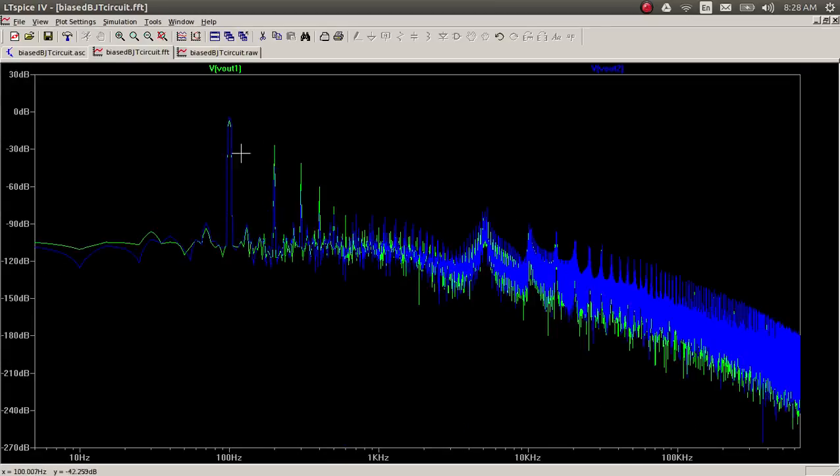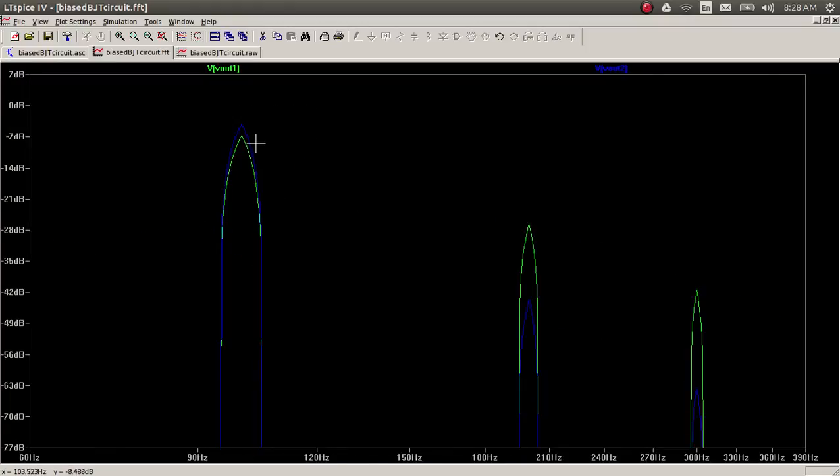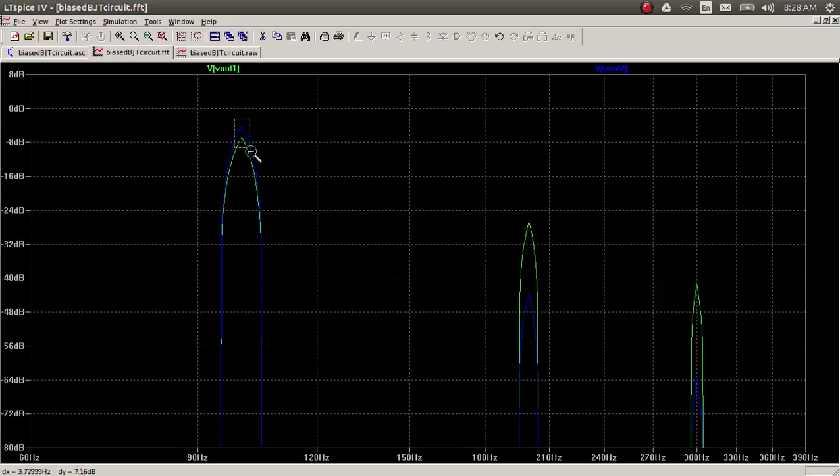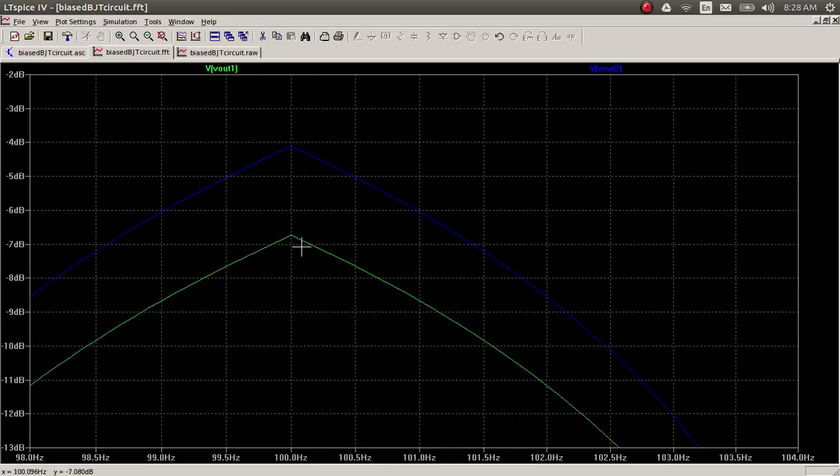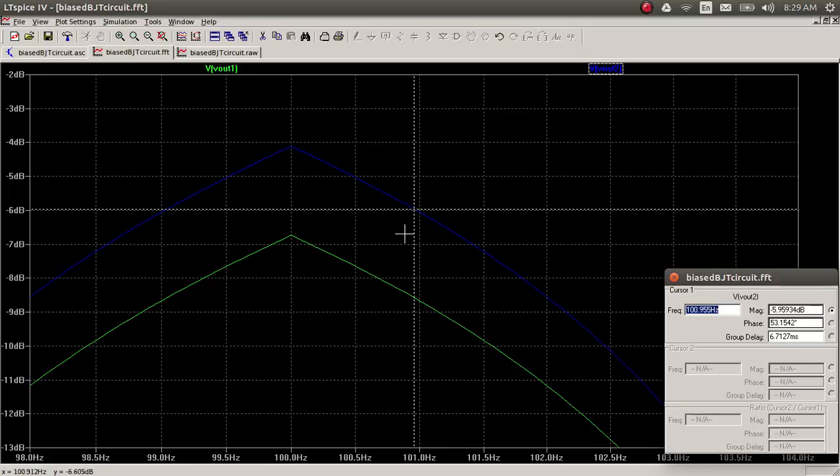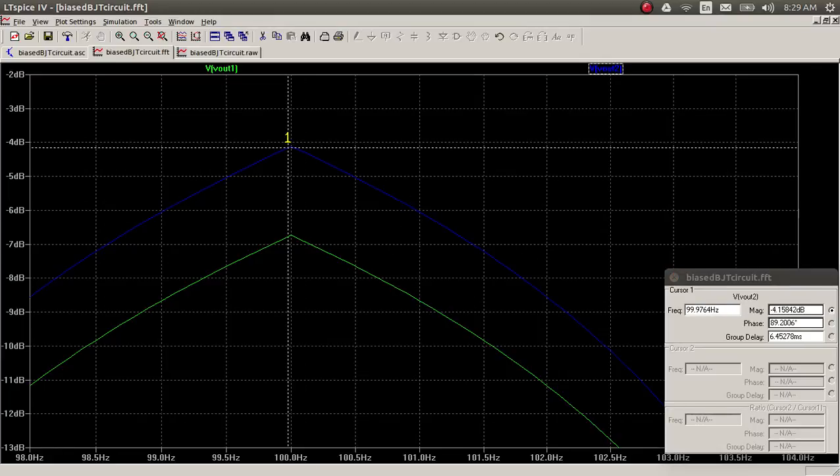So let's look at this a little more carefully. You see we have a slightly larger output in Vout2, which was the 0.7 volts to 0.9 volts. So let's try to understand it a little more. This says it's minus 70, and let's put a marker. This says it's minus 4 dB.